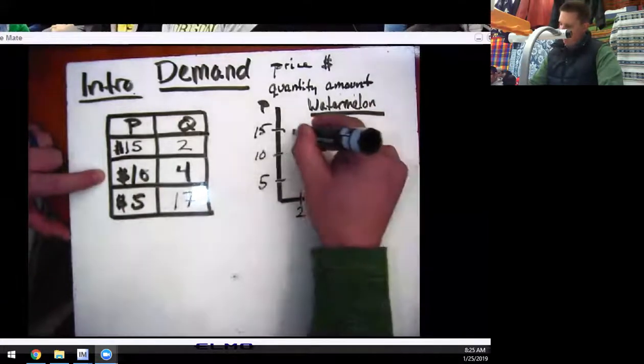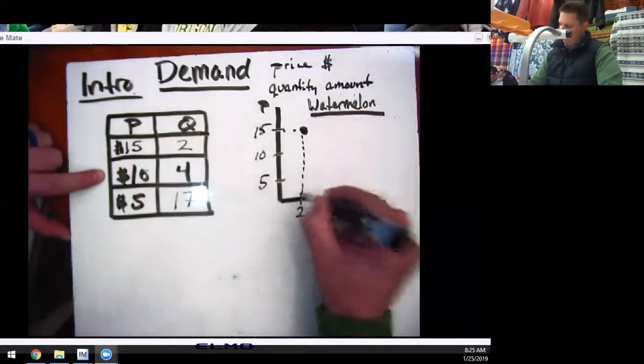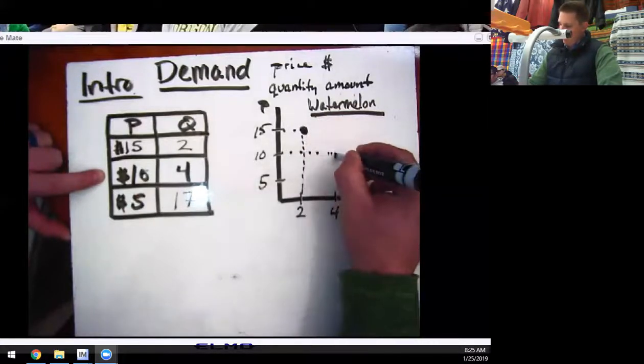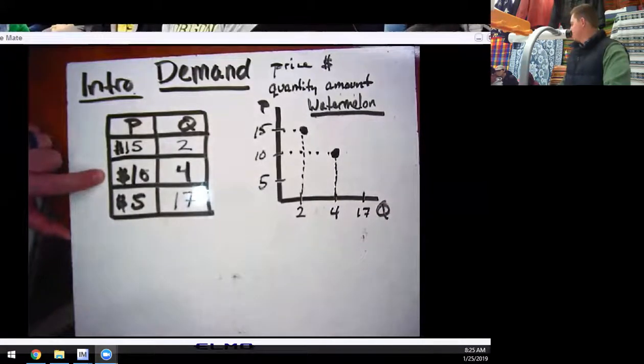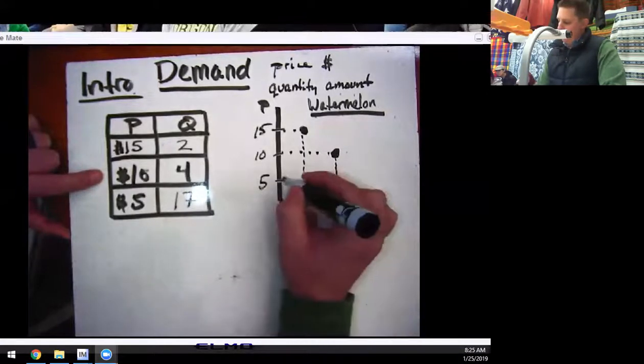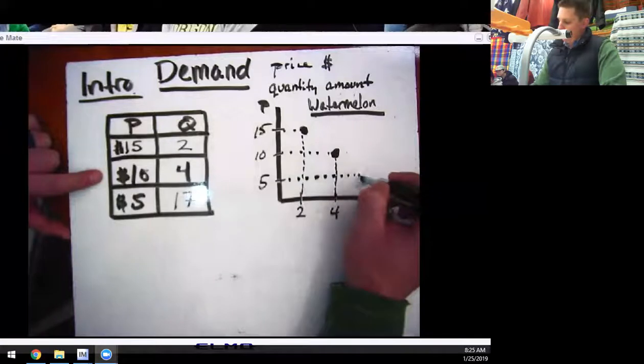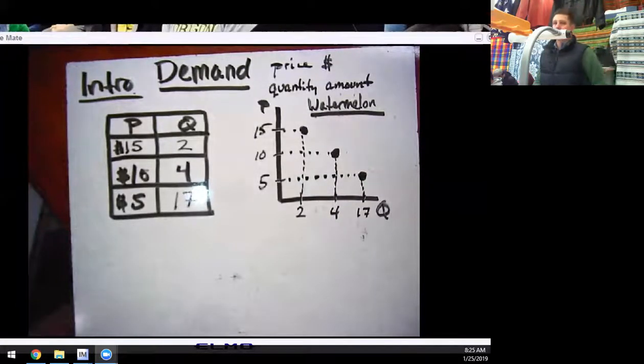So watch what I'm doing here. And at $5, the quantity demanded is 17.